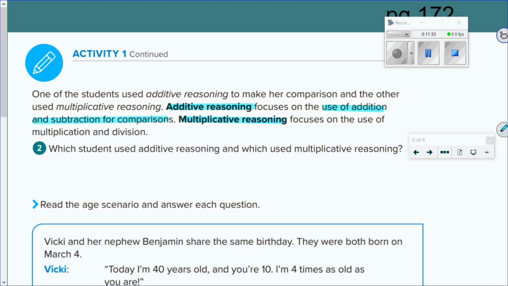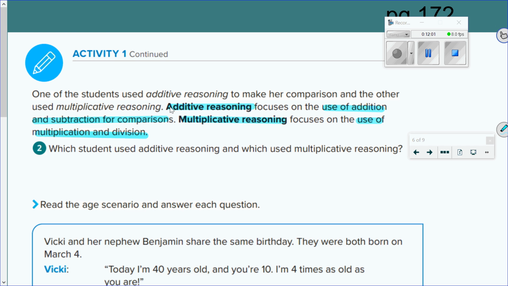Or you can do multiplicative reasoning, which focuses on the use of multiplication and division. So additive includes addition and subtraction. Multiplicative includes multiplication and division. Those are the related operations. So we already answered number 2 on the last page, so I'm not going to stress on that one.